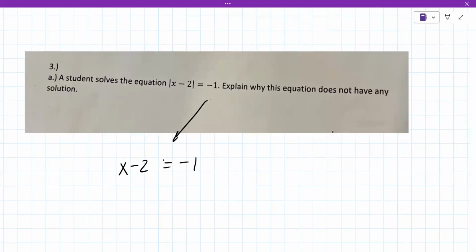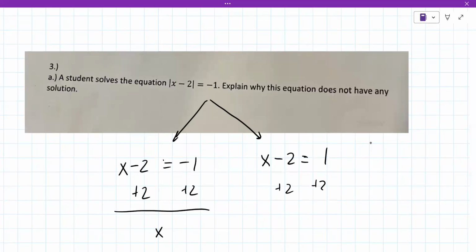That's case 1. And then x minus 2 equal to +1. Do case 1, case 2, add 2 to each, so you get x equals 1, x equals 3.